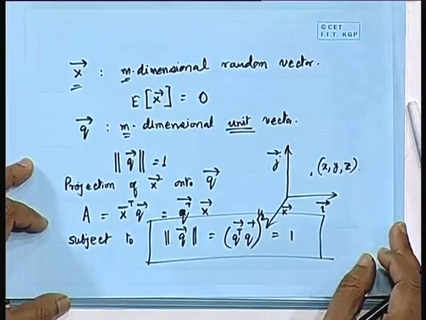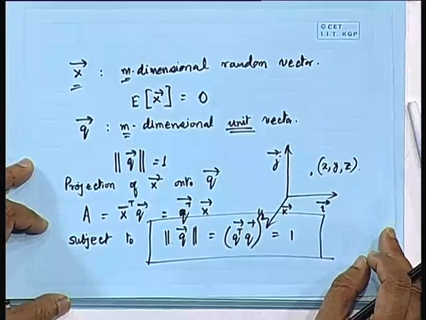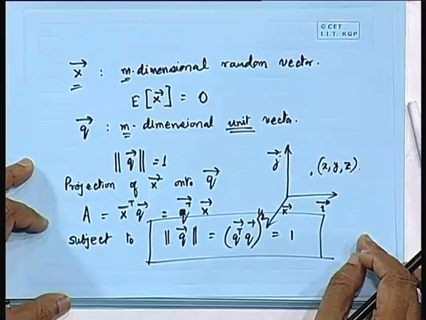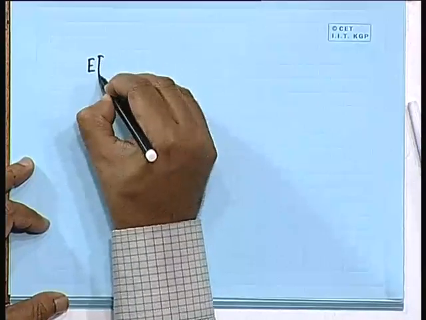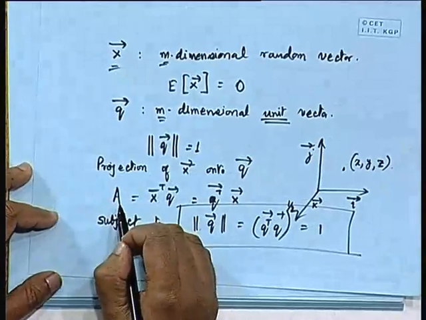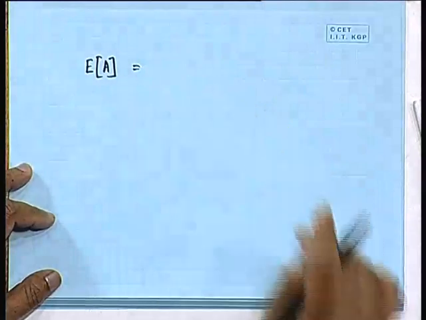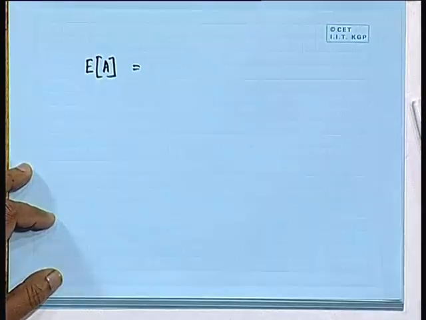So, what we can write down now is that in the projected space, what is the expectation and what is its variance, all right. These two quantities we want to determine. So, given this, let us see what is going to be the expectation of A. A means the projected value, you mean to say. So, what is the expectation of A? Yes.